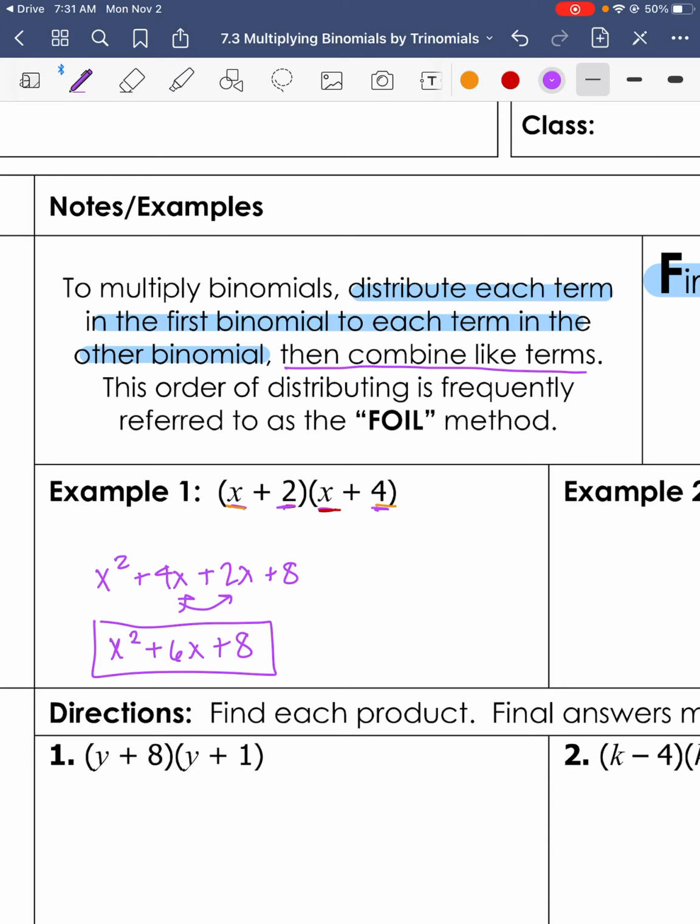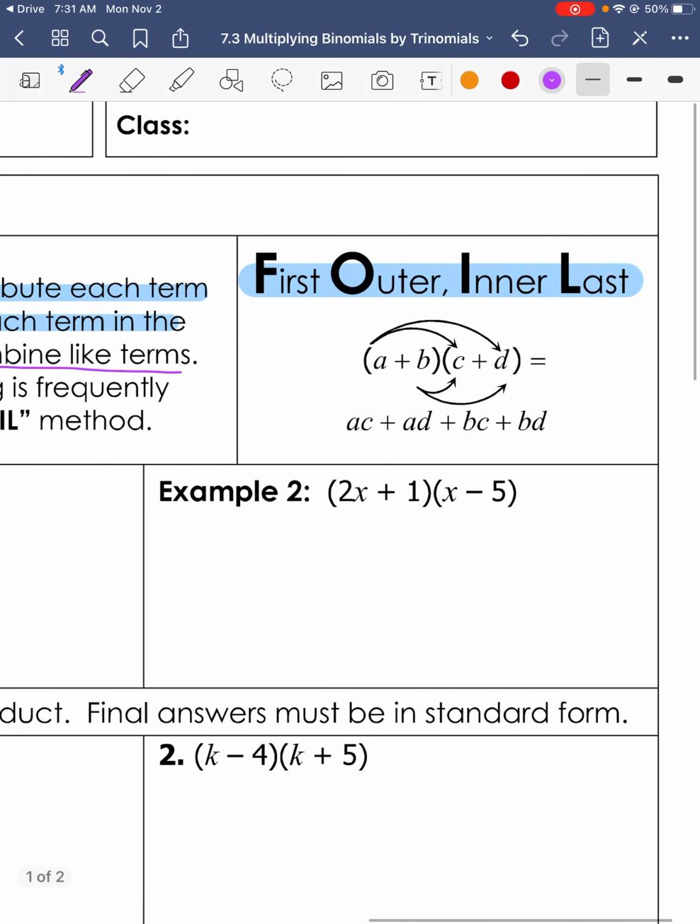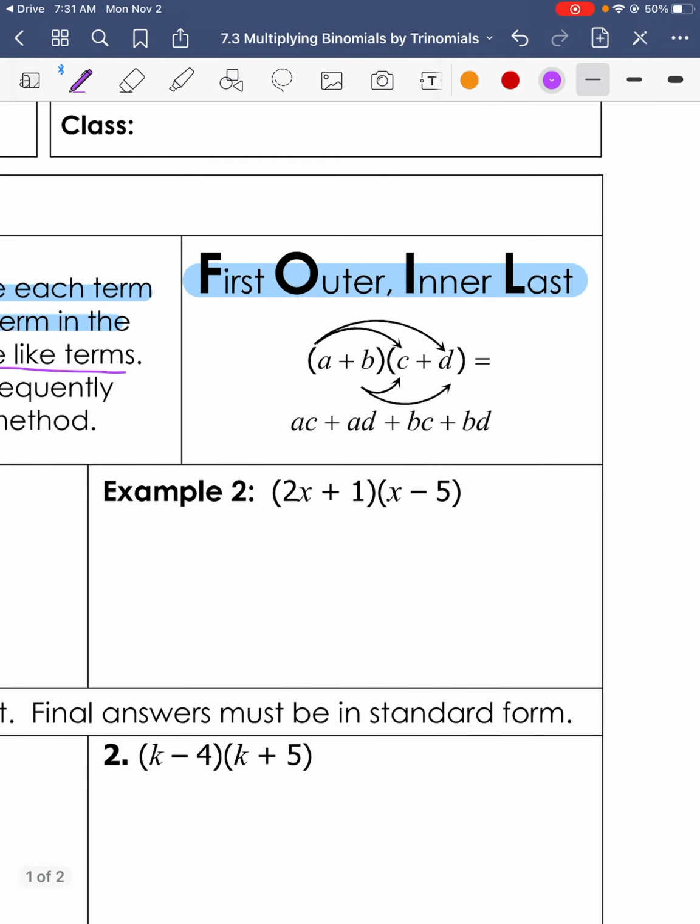Most of the time you'll get a trinomial. And then here, let's look at our first two terms. So we have 2x and x, which gives us 2x squared. I should probably write this a little higher. 2x squared, and then we can look at our outer two, 2x times negative 5, which is negative 10x.